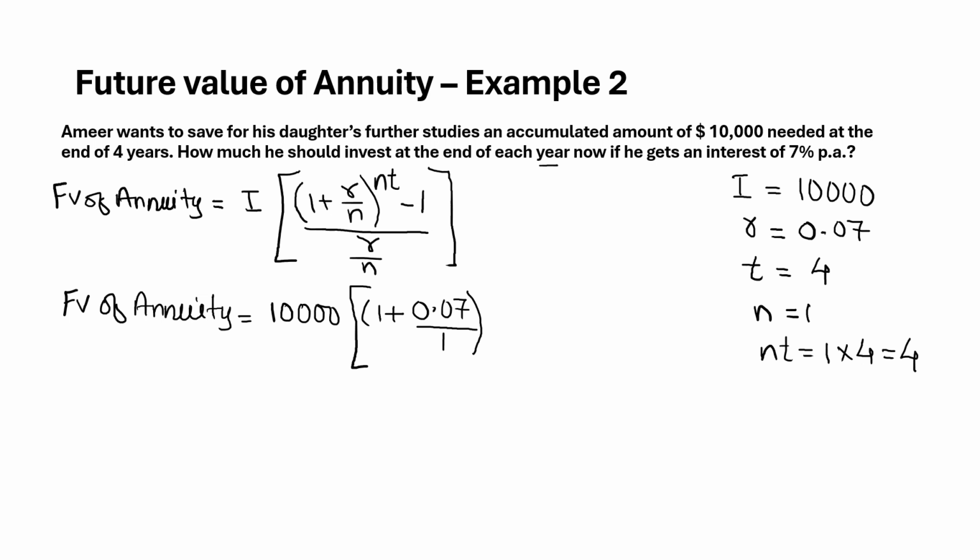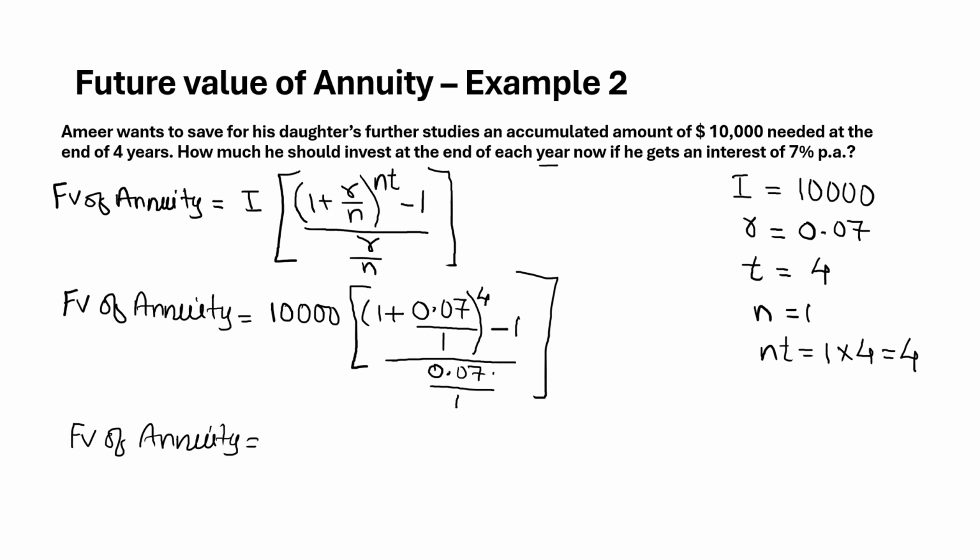Bracket close, power of NT. NT is 4, 1 multiplied by 4, minus 1. Bracket close. Then divide this by rate of interest 0.07 divided by 1.